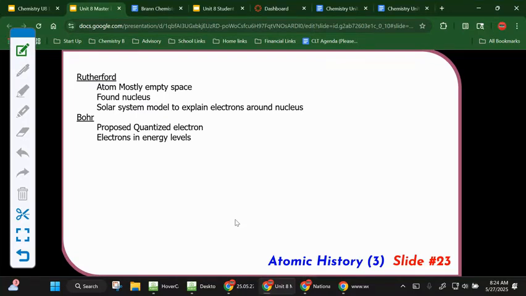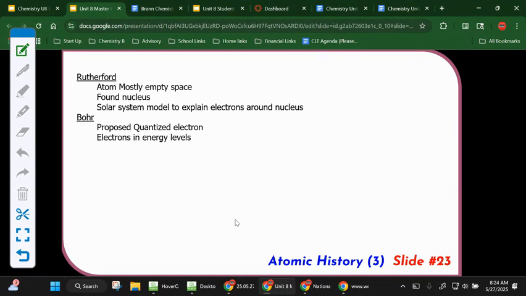Energy levels are an area around the nucleus where electrons are likely to be found. And we fill the lowest energy level first, and then the next lowest, and then the next lowest, and then the next lowest. And what do you know? You get 7 periods that represent 7 energy levels for electrons, ladies and gentlemen. Okay? So Bohr gave us that idea.